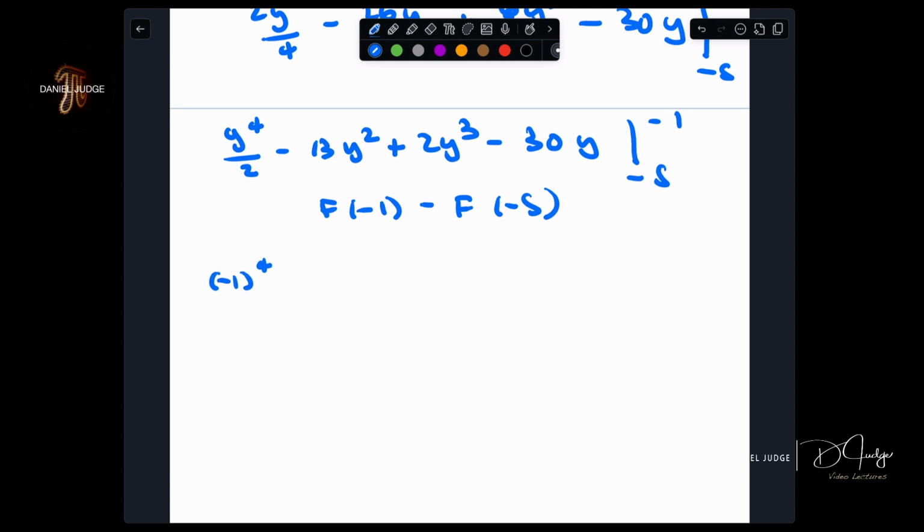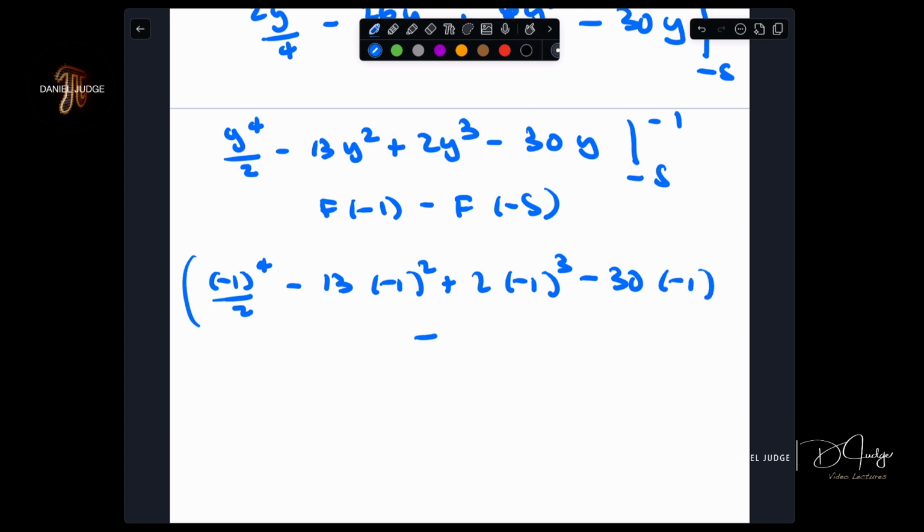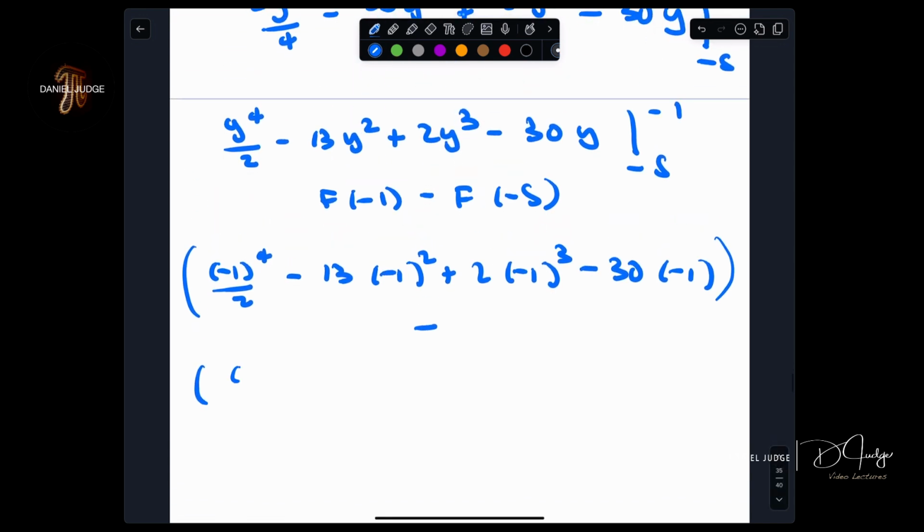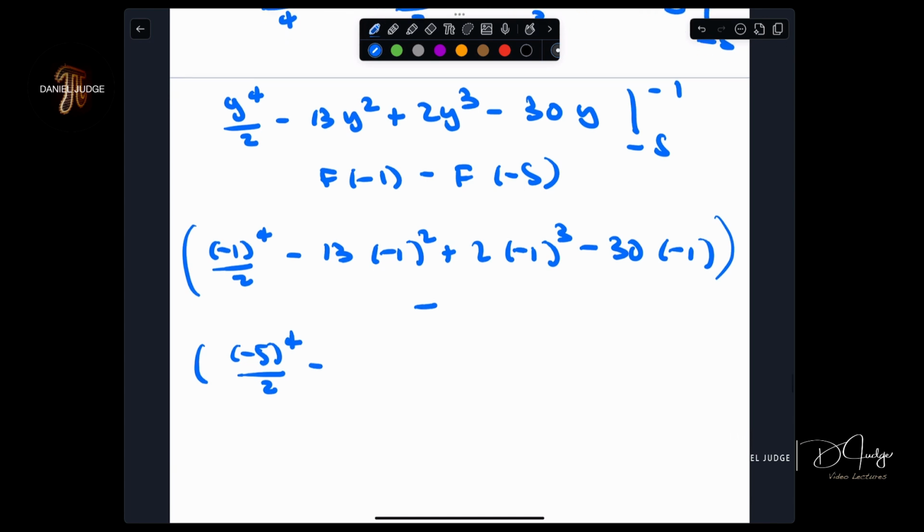Negative 1 to the fourth over 2 minus 13 times negative 1 squared, plus 2 times negative 1 cubed, minus 30 times negative 1, minus, this is really one set of parentheses again. And now we're going to try that at negative 5. So you get negative 5 to the fourth over 2 minus 13 times negative 5 squared, plus 2 times negative 5 cubed, minus 30 times negative 5.